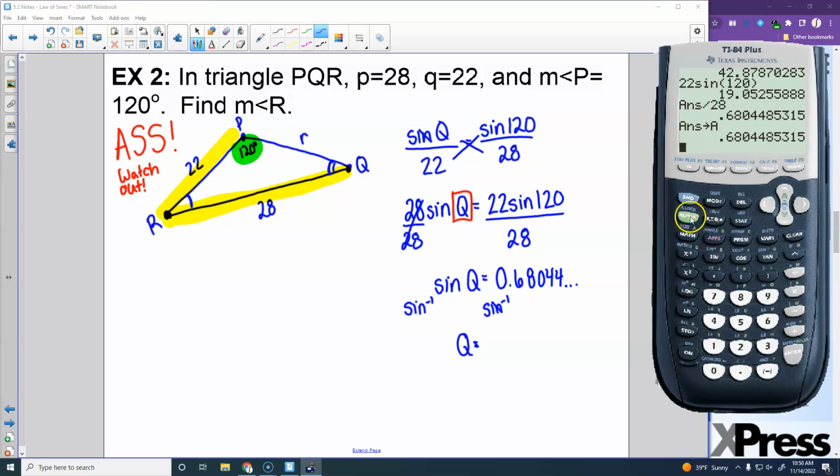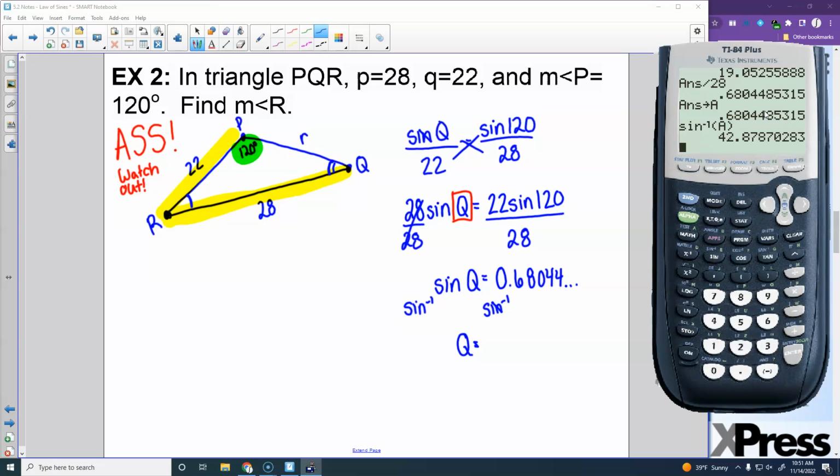And then you could do sine inverse of A. Or as long as it's the line before, you can just do second negative, which is going to take the answer from the line before. So either of those will work, but try not to round that because it will throw your answer off.